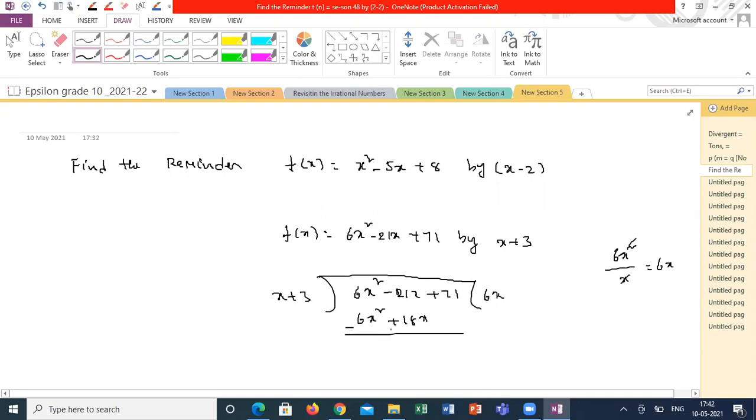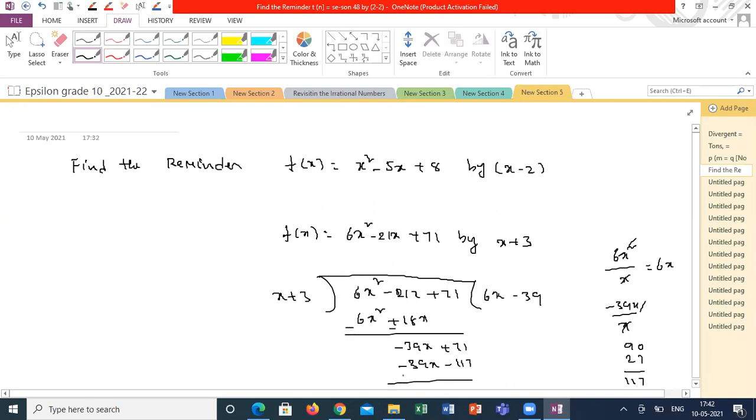So minus, plus, minus, this is minus 39x plus 71. Minus 39x by x, so minus 39. This will be minus 39x, minus 39 into 3, how much? 117. I'm adding, this will give how much? 117 plus 71.